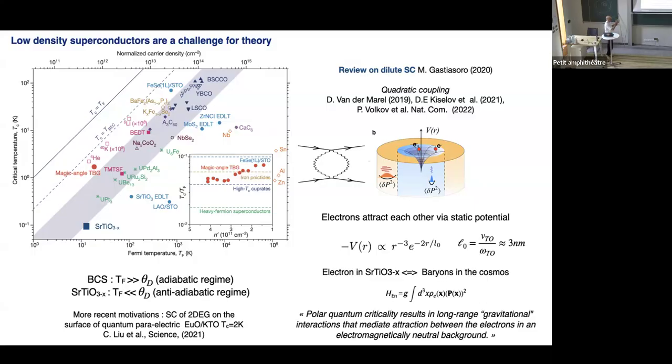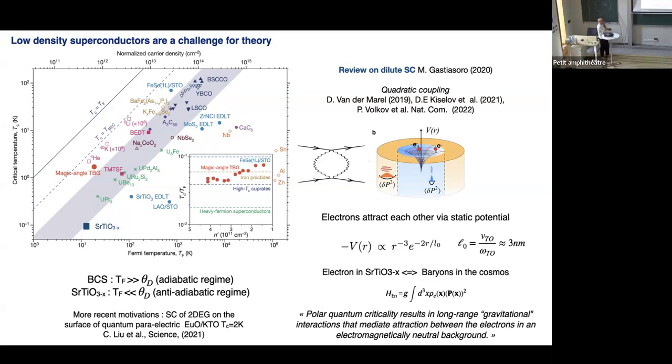There are many things to say here, but I just want to point out that the big difference with other mechanisms is that this is an instantaneous pairing, and that this pairing, which has this expression here, has a characteristic length scale, which is set by the velocity of your TO mode divided by omega TO, which is about 3 nanometers.